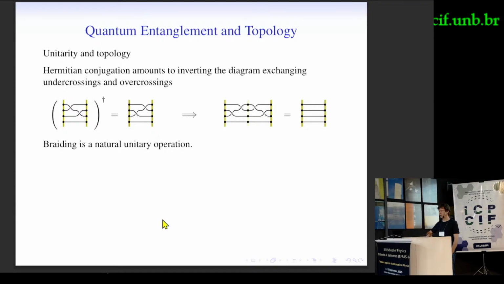This is some illustration of why braiding is a unitary operation. You can just take one state and compute its complex conjugate, which, as I said, you basically invert the evolution.